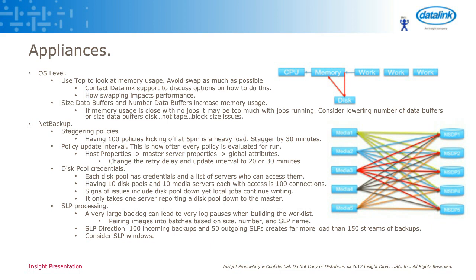For an older appliance with 128 gigs of RAM and the MSDP pool attached to it, if you start to run, say, 80 streams, that's 80 gigs just for the streams. Add in the operating system, NetBackup itself, and MSDP pool management, and now you're going to get into swapping.